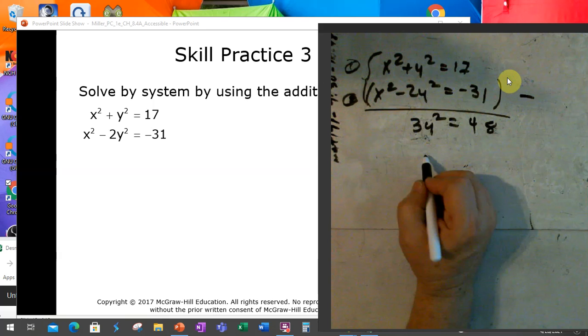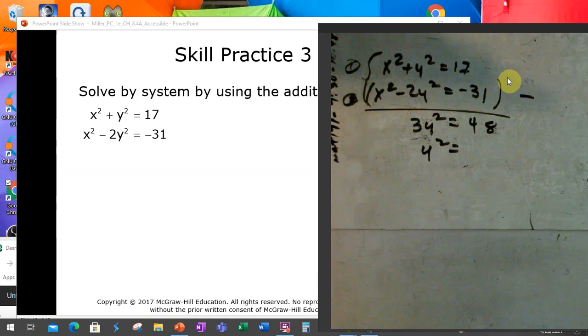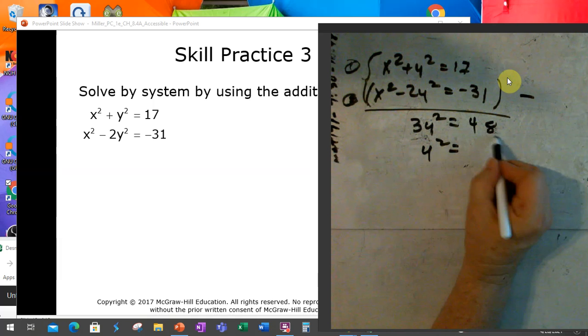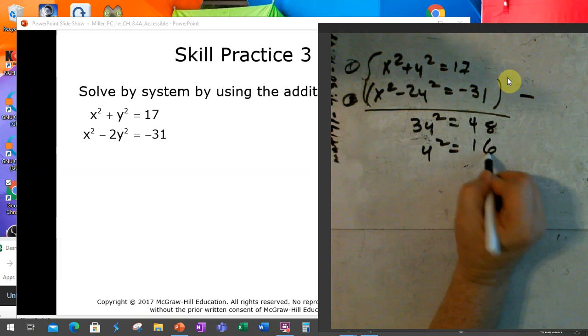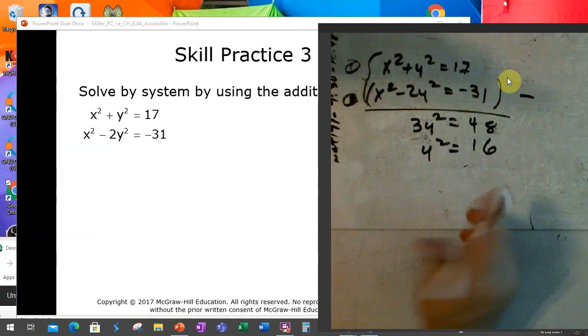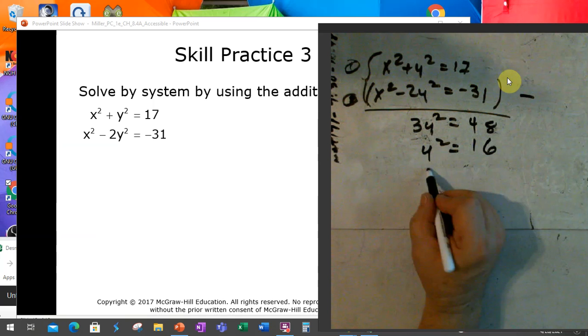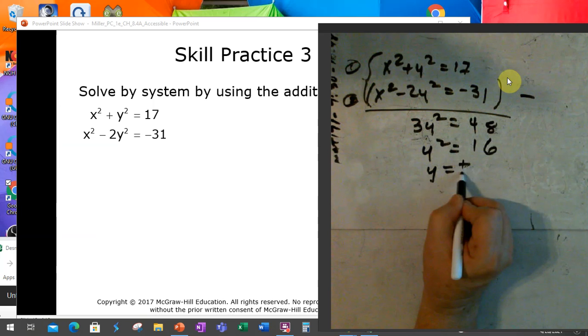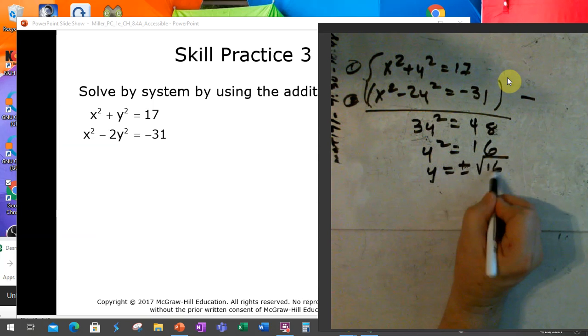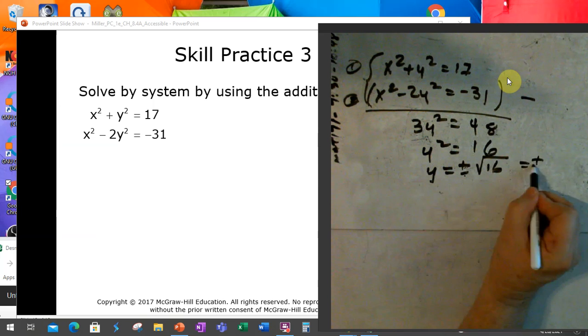So y squared, 48 divided by 3, I think that's going to be 16. 3 sixes, 18, 3 ones are 3, and that gives me the 4. Okay? So y squared is equal to 16. y is equal to, take the square root of both sides, plus and minus 4.